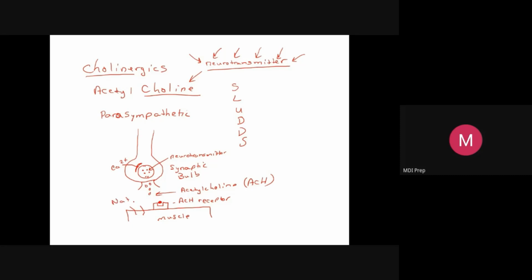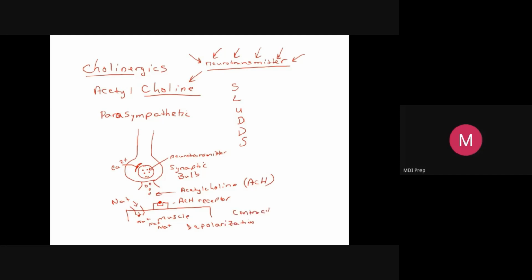That sodium will come into the muscle, and when that sodium comes in, it's going to cause that muscle to do what? Contract. And we call that depolarization of that muscle. Everybody understand that? And so the muscle will contract.